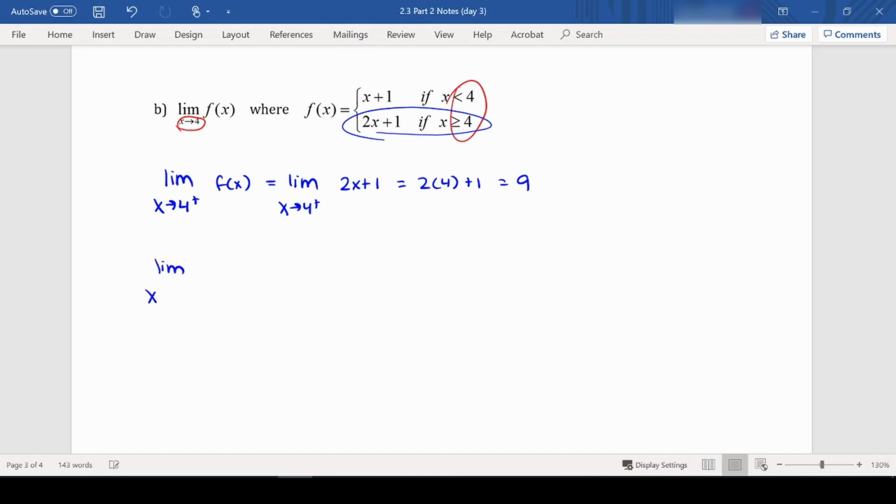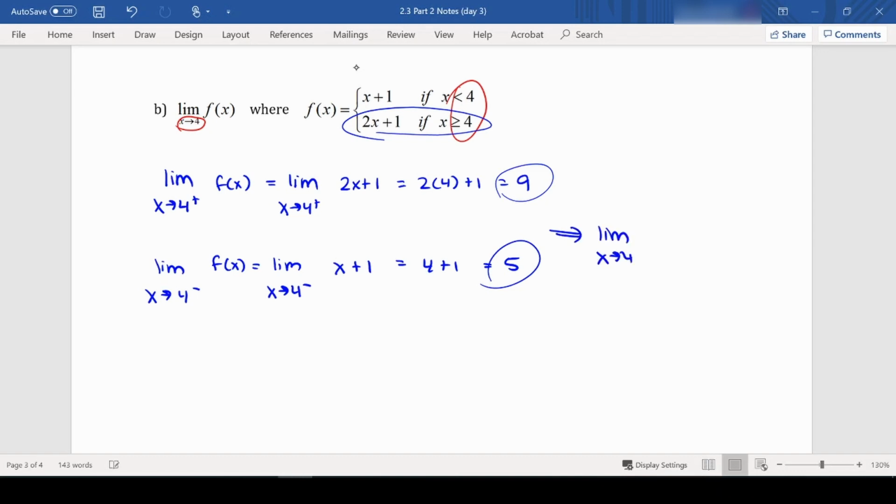Now, if I consider the other piece, even though we're not on this piece at exactly 4, we're still approaching 4. We'd be on the top piece, x plus 1, which gives us 4 plus 1, which gives us 5. These limits are not equal. Therefore, the limit as x approaches 4 of f of x does not exist.